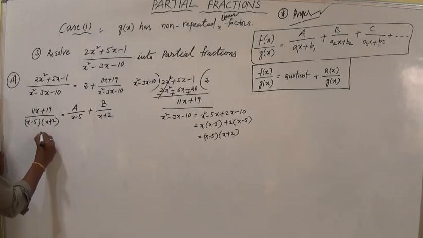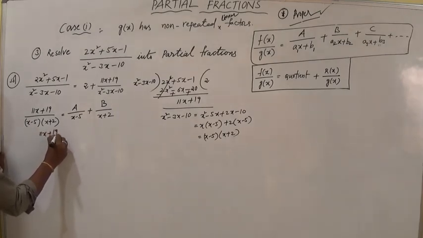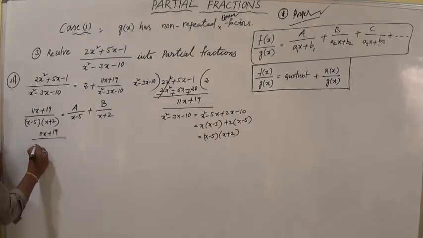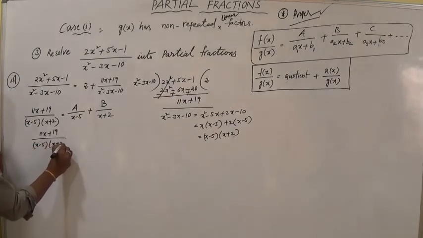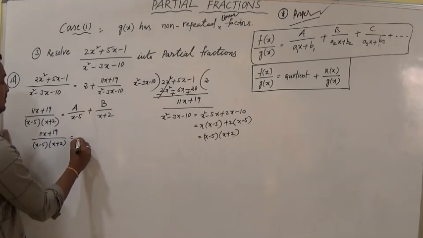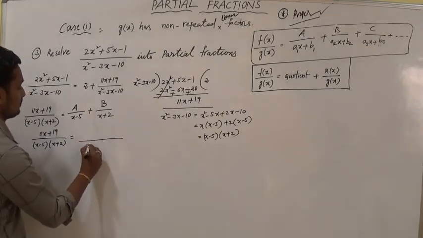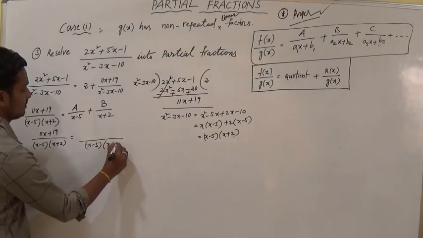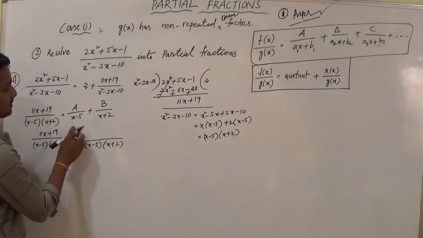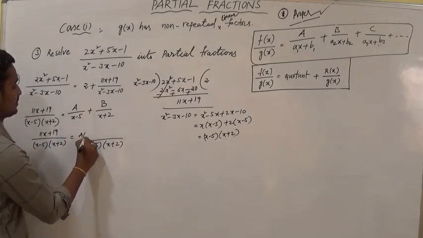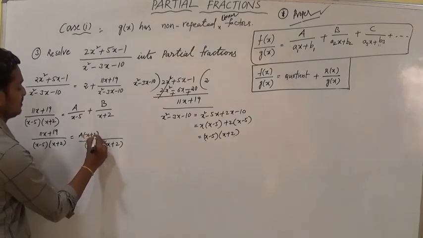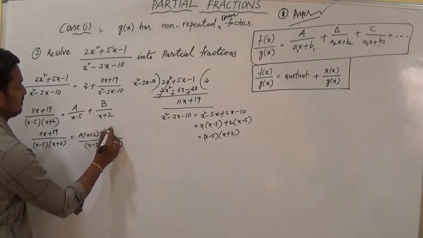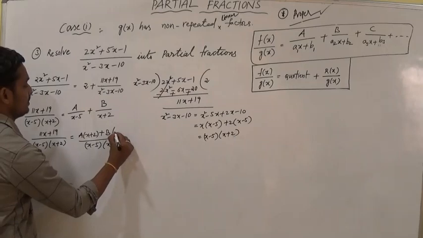This time, 11x plus 19 by the new denominators x minus 5 into x plus 2 is equal to, the LCM is x minus 5 into x plus 2. X minus 5 cancels, so A times x plus 2, plus B times x minus 5.